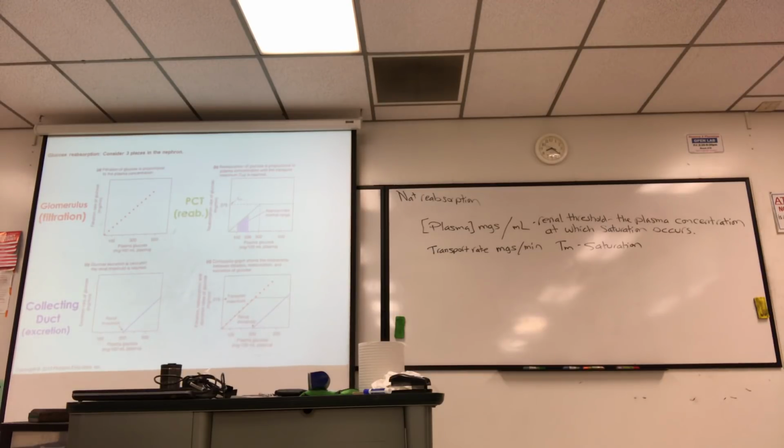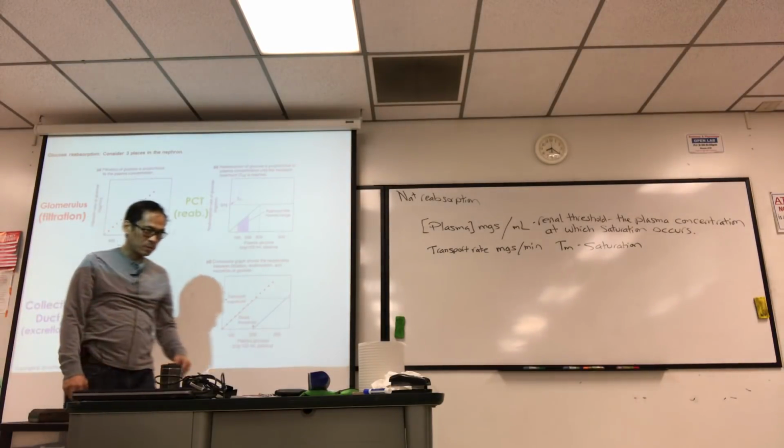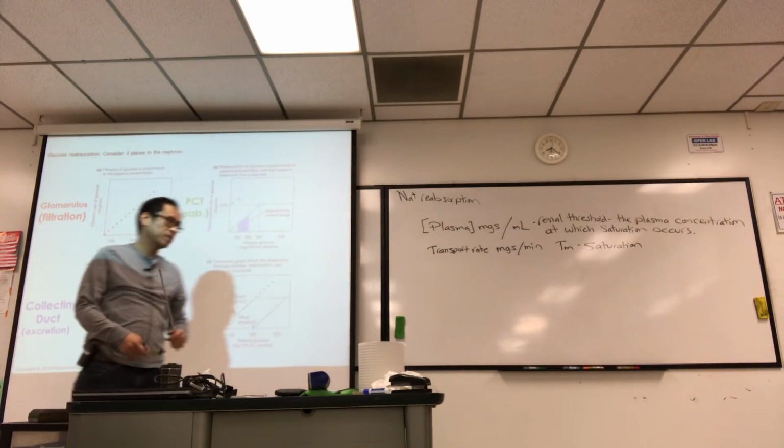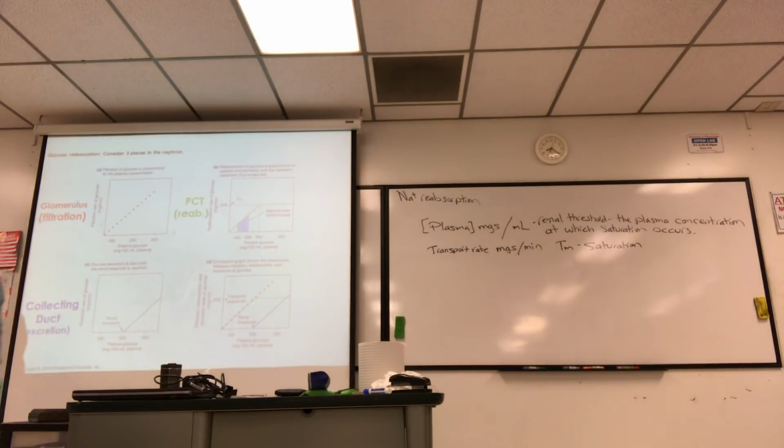We have different graphs at different locations of the nephron, and we're using plasma glucose as an example. Let's look at the first rule. Filtration has no max limit. How do you see that in this graph? It never tops off, it just keeps going up.